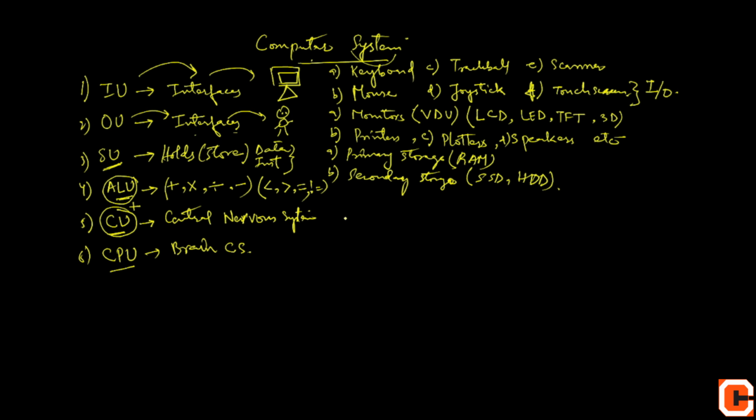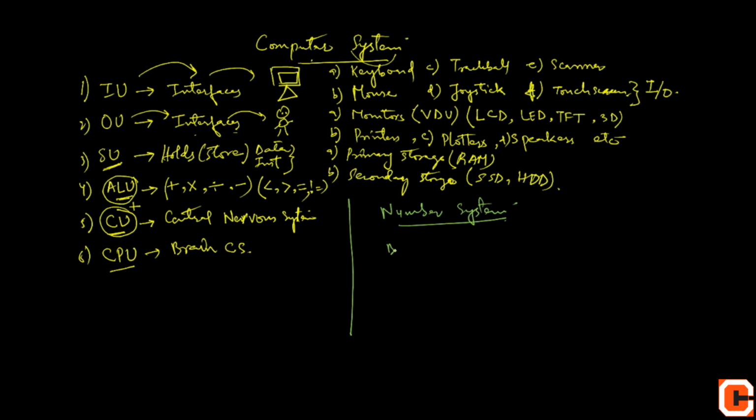So this was all about the general basic computer organization, and in the very next video, we will try to know about the number system. Number system is very important as far as we are studying computer science. We should know how the data is processed, translated, interpreted within the computer system.